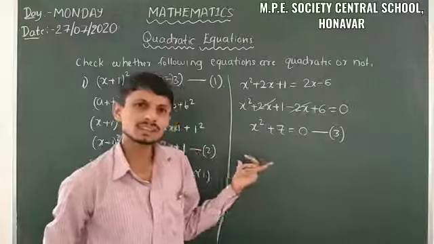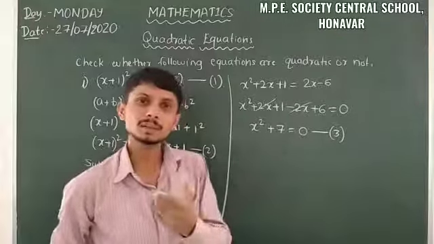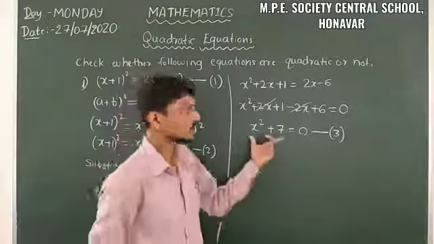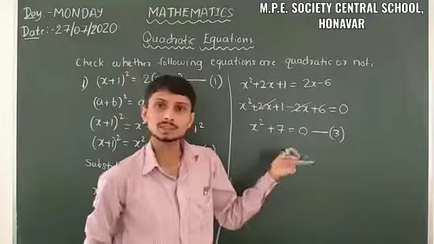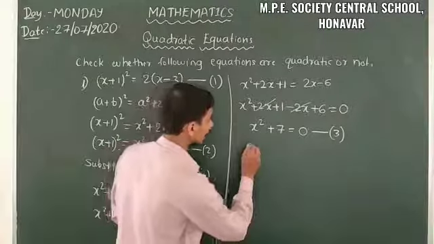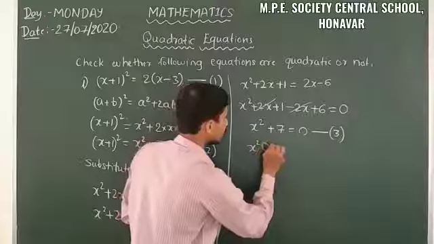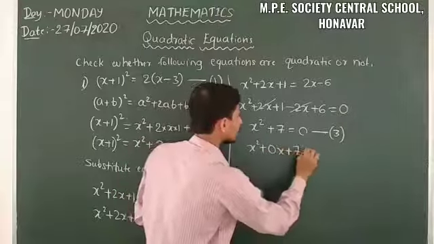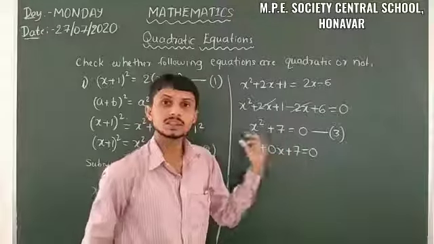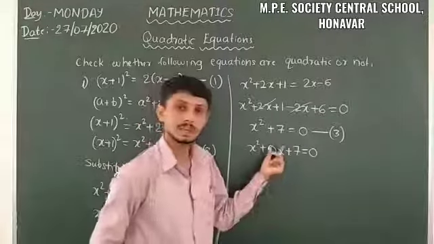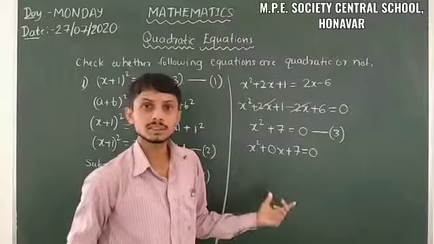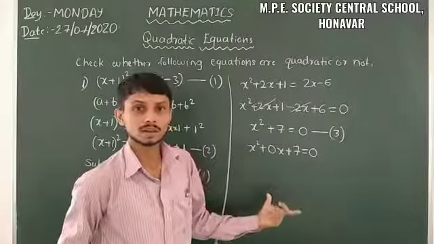But observe here, it's not in the form ax² + bx + c; it is in the form ax² + c, because here b is equal to 0. So it can be written as x² + 0x + 7 = 0. The value of the equation does not change, because when we multiply 0 with x, it becomes 0. So this is about the quadratic equation.